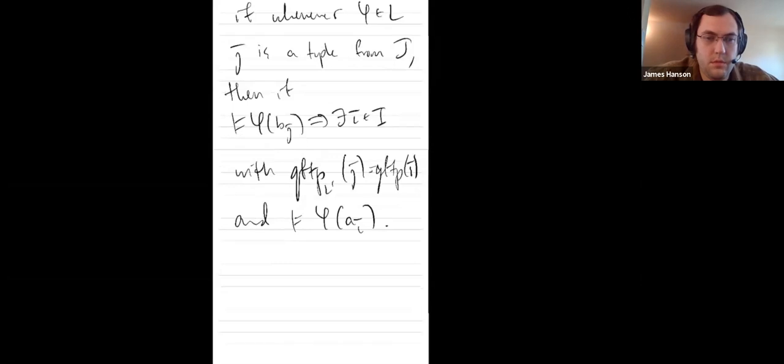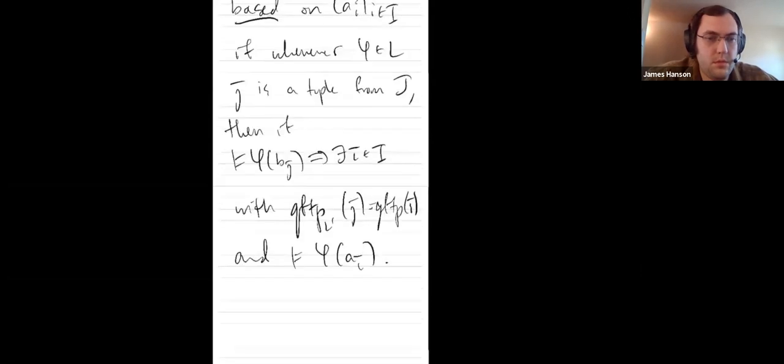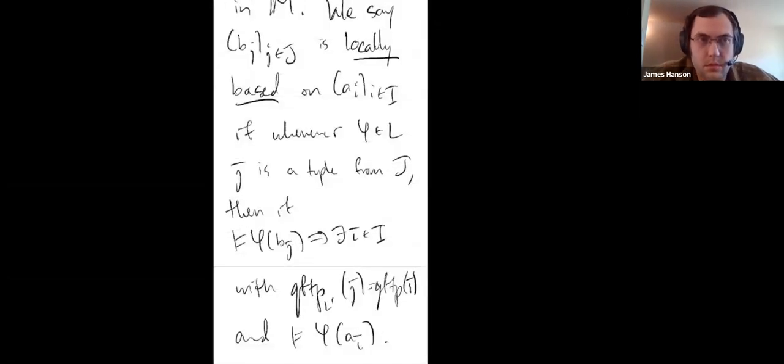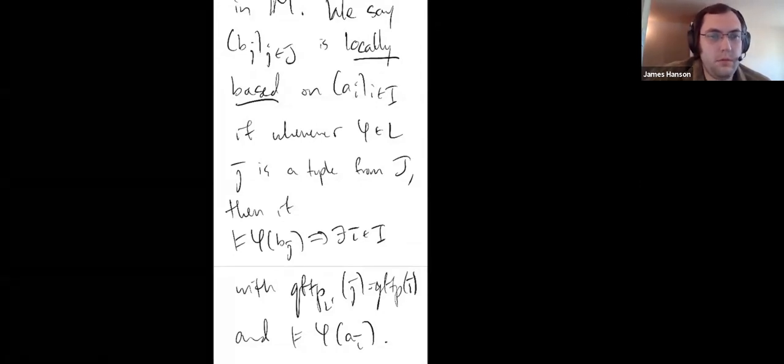So what does this say? What this says is if you have a formula that holds of some tuple indexed by elements of J, then that behavior had to be witnessed by something coming from the A_i. Now, it didn't have to come from the same tuple, but it had to come from some tuple with the same quantifier free type.